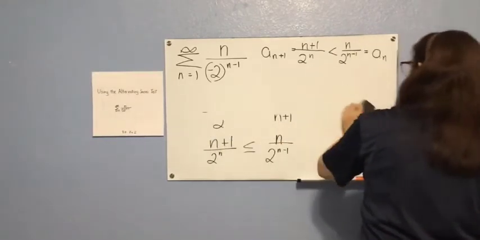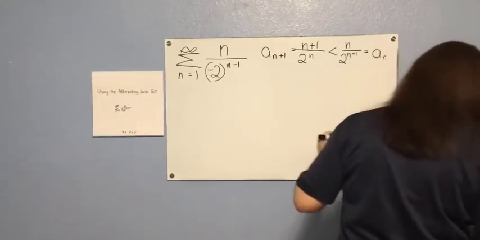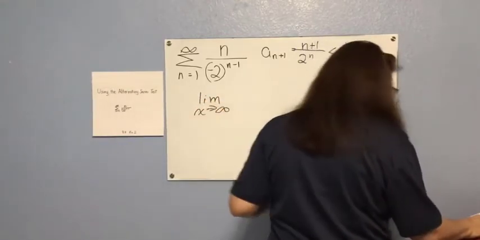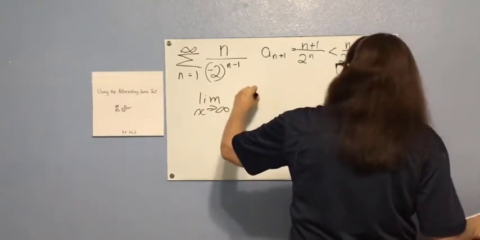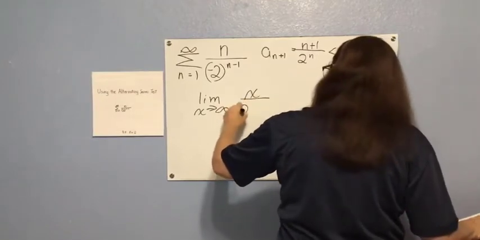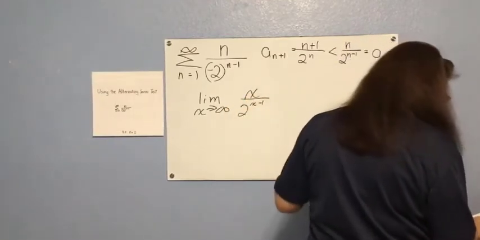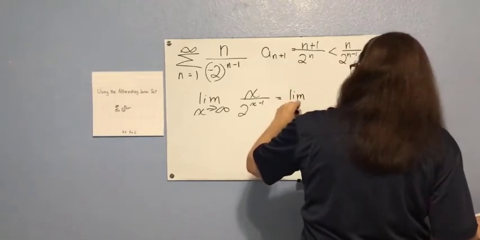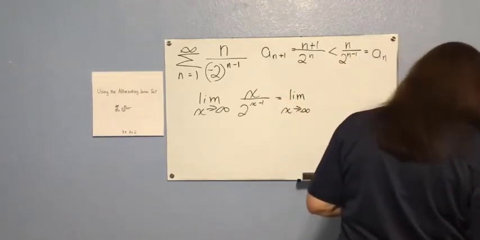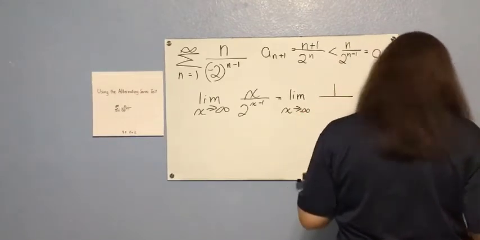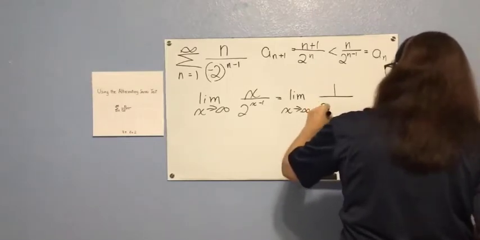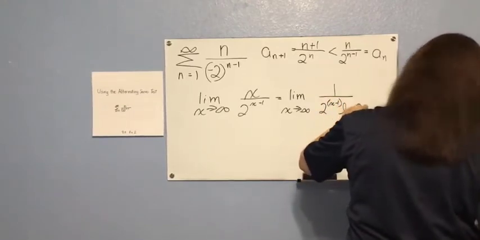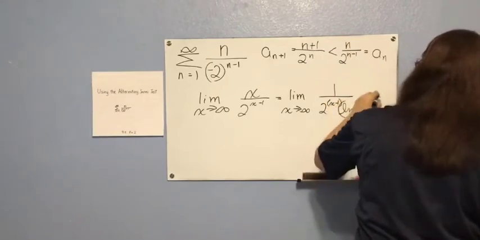And now we will apply L'Hopital's rule and say the limit as x goes to infinity of x over 2 to the x minus 1 is equal to the limit as x goes to infinity of the derivative, so we get 1 over 2 to the x minus 1 times the natural log of 2, which equals 0.